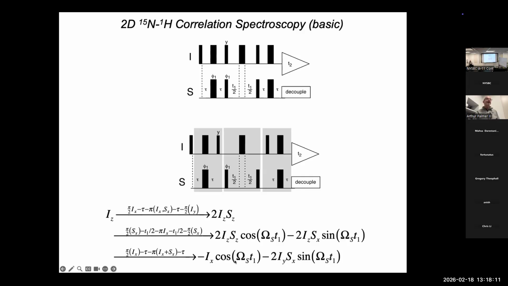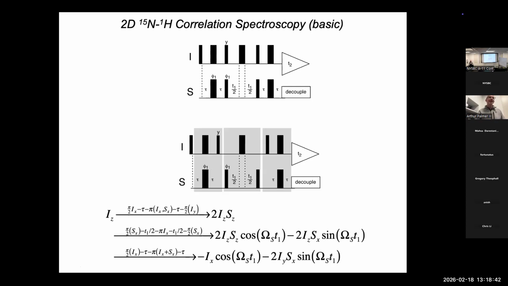Now, of course, the Fourier transform of the cosine has the usual problem that that's going to give 2 signals, one at plus omega and one at minus omega. So we have to get quadrature detection, and we'll do that usually by changing the phase phi 1 here from X to Y in order to pick out a sine modulated term.